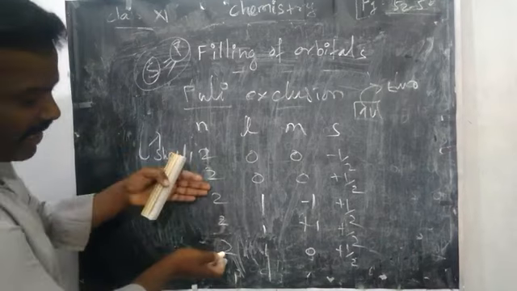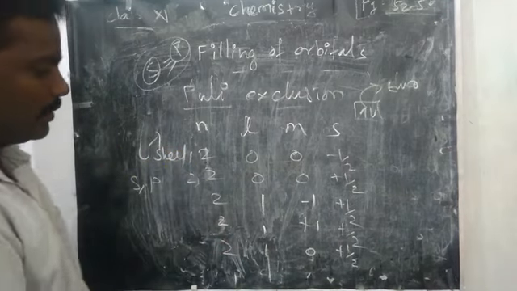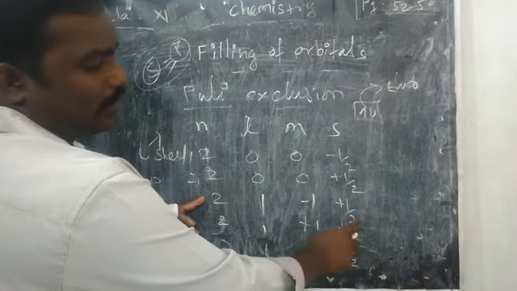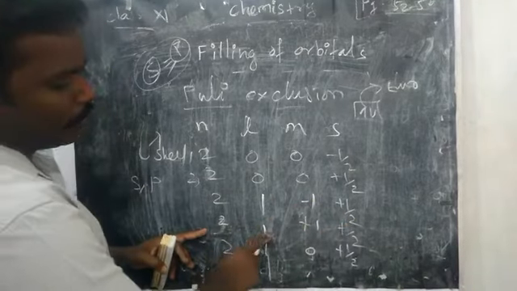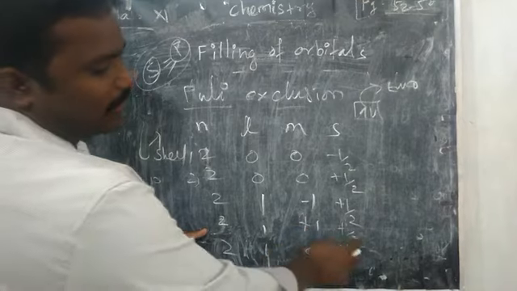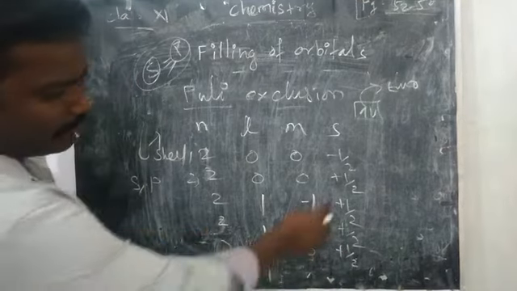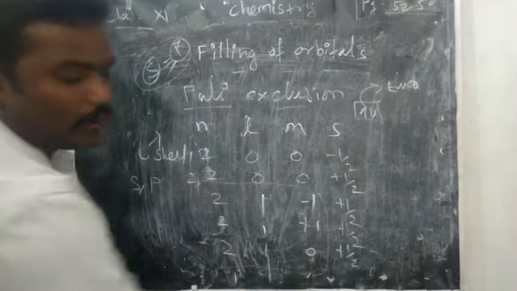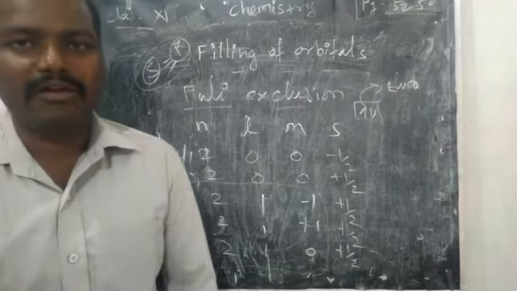The same way we can write the other three electrons. How? 2, 1, plus 1, 1 by 2. 2, 1, minus 1, minus 1 by 2. For the same set, you just remember only you have to make it minus half, plus half. Right?